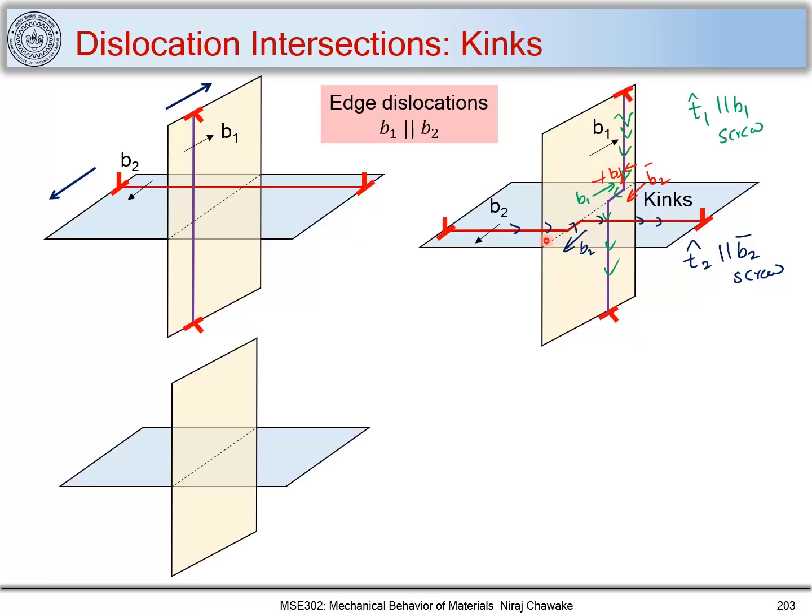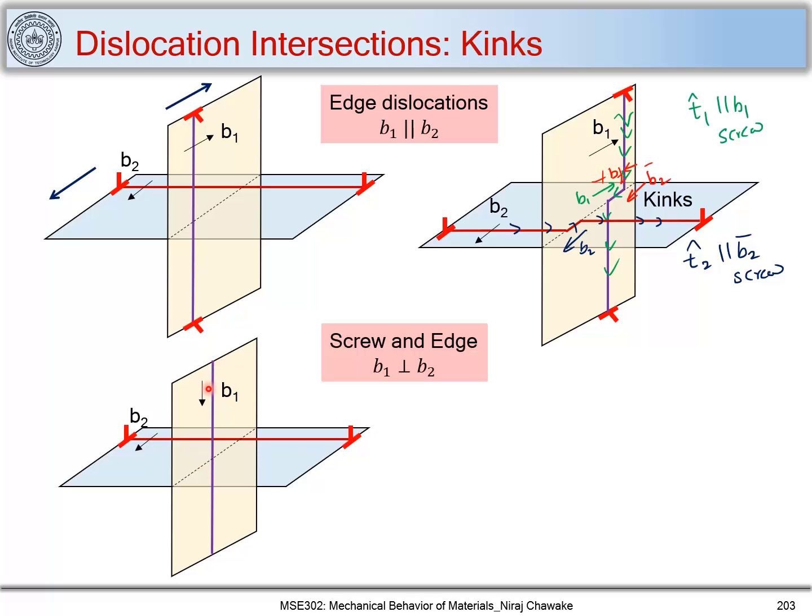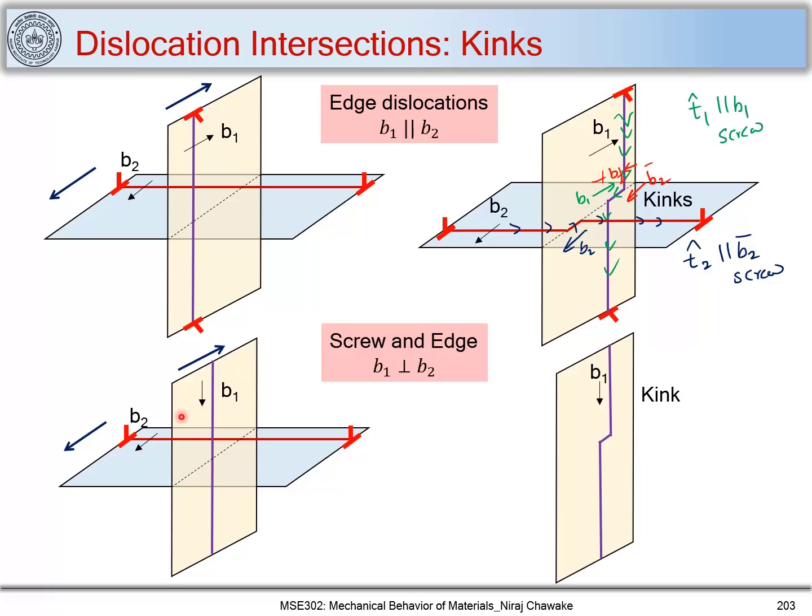Now let's look at another condition. Let's look at an edge dislocation B2 and a skew dislocation B1, where B1 is perpendicular to B2, and let's see that this moves in these directions, and find out what kind of breaks they form when they intersect.